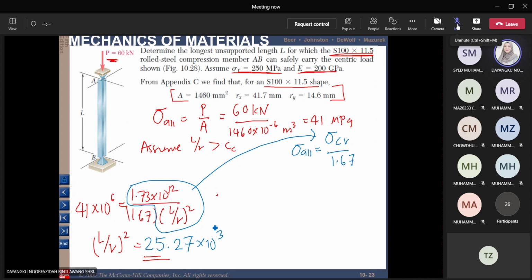Okay, so then you can get your value of L over R, because then you can do the confirmation. So just divide this and take the square root for this one, so we get the value of L over R.